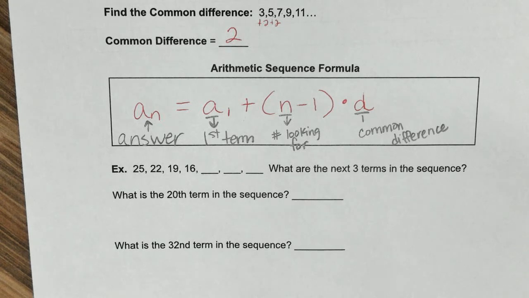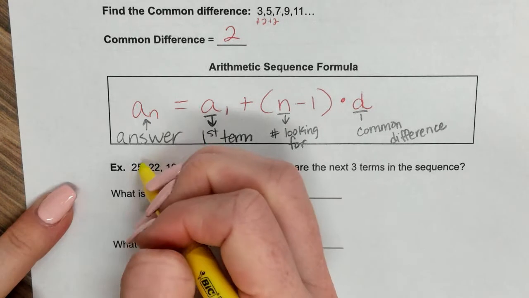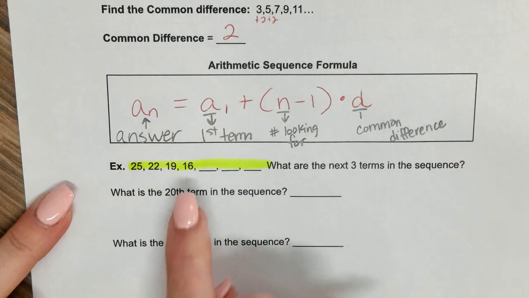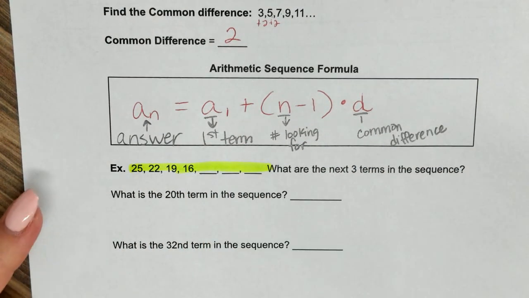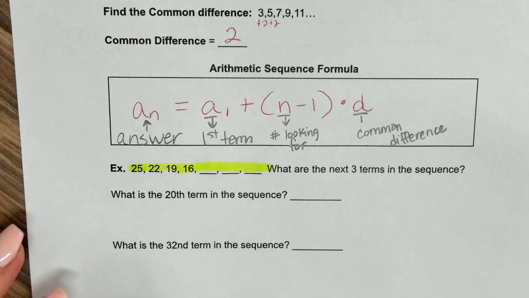Okay, so our first example is this list of numbers. They want you to come up with the next three numbers. So what are you going to do to figure out what's going on? What am I going to subtract? 3. Okay, well, tell me, which way do I subtract?